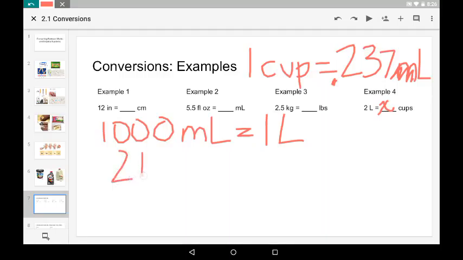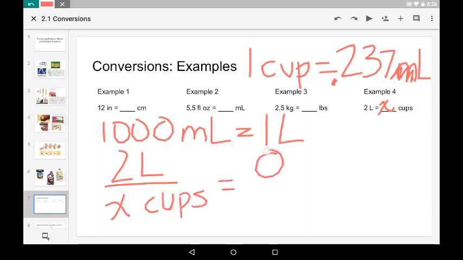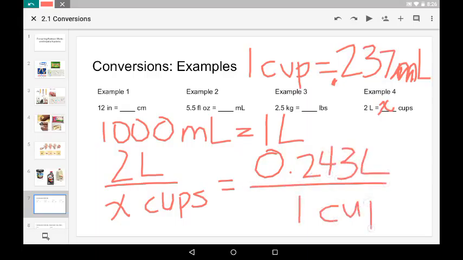So 2 liters over x cups equals 0.237 liters in 1 cup. Solve by cross multiplying: 2 times 1 divided by 0.237, and you will end up with 2 liters equals 8.4 cups. Sorry, that's very squished in there right now.